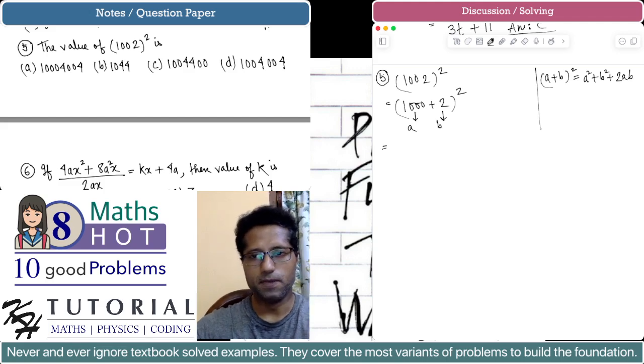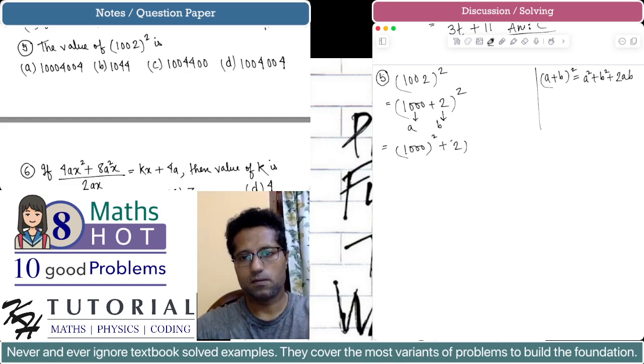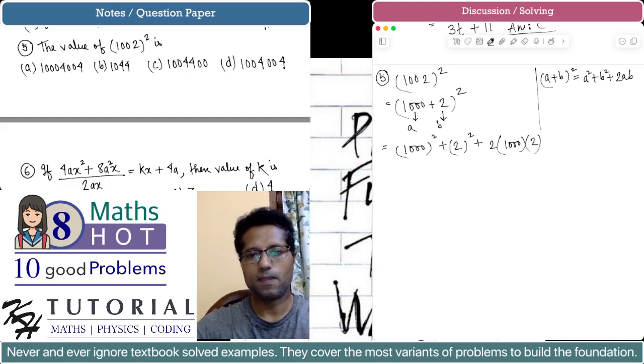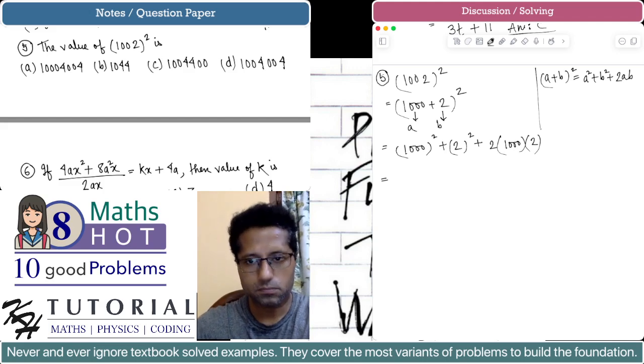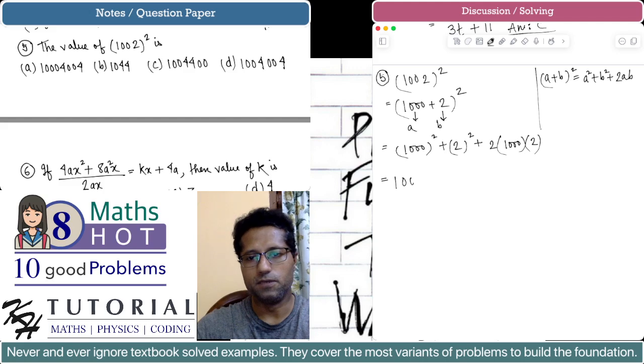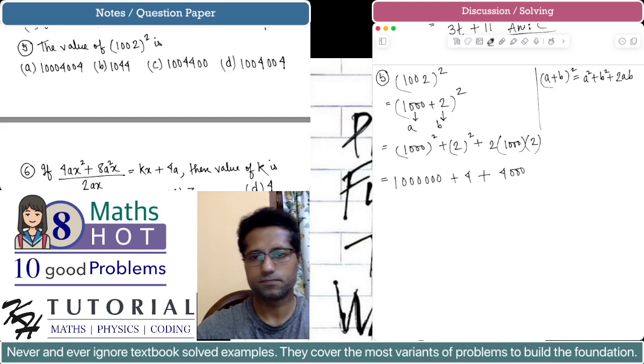So this will be 1000 square plus 2 square plus 2ab, that is 2 into 1000 into 2. 1000 square means after 1 there will be 6 zeros, and we have 4, and we have 2 into 1000 into 2 is 4000.